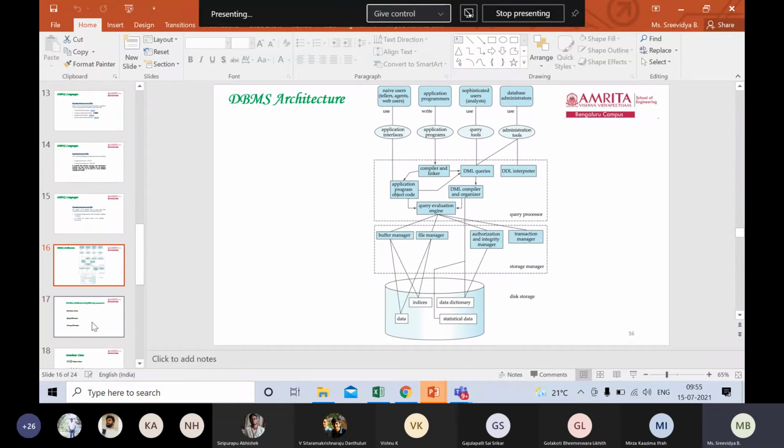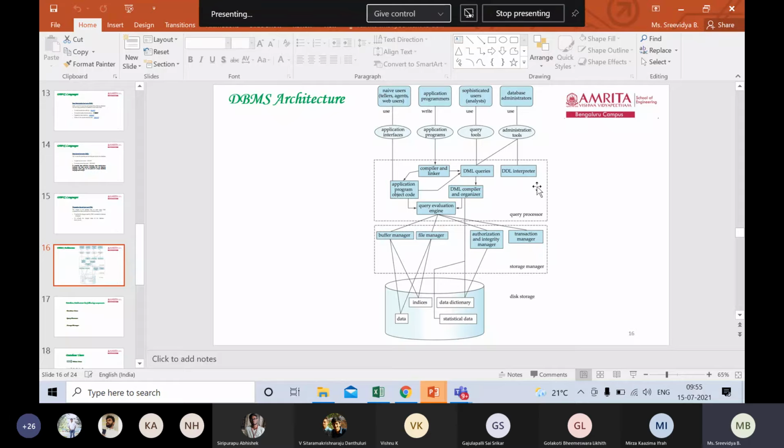DML, transaction control. And then coming to database architecture. Now, in database architecture, we have a few things. We have the database users here. It's put in a form of a way the database architecture is approached. You have the set of users, you have the tools through which the users are going to interact with these components of the database.